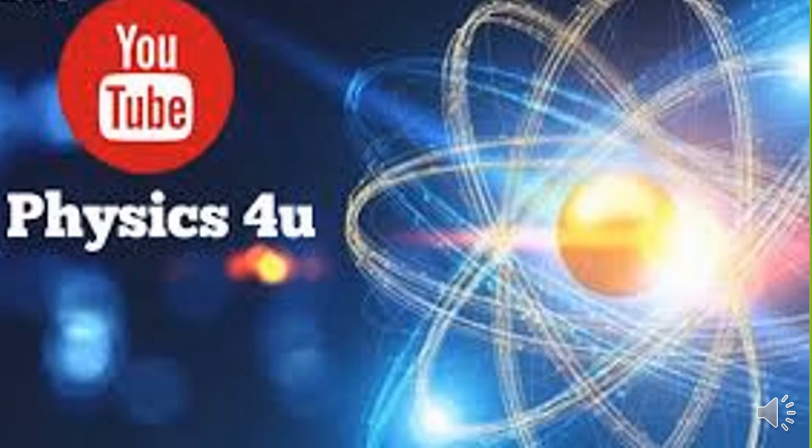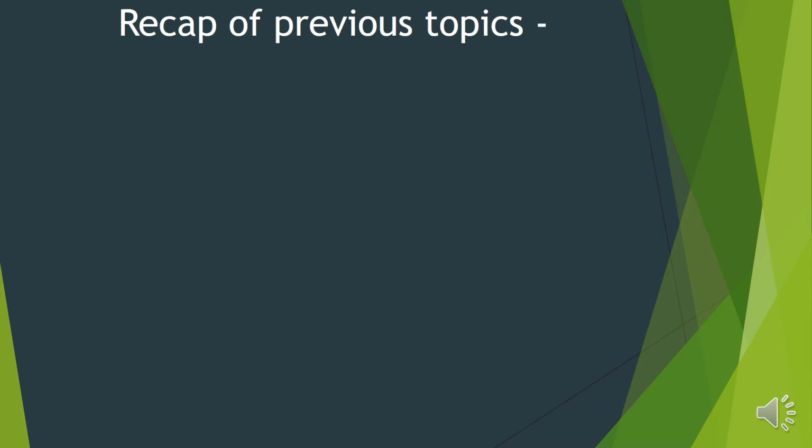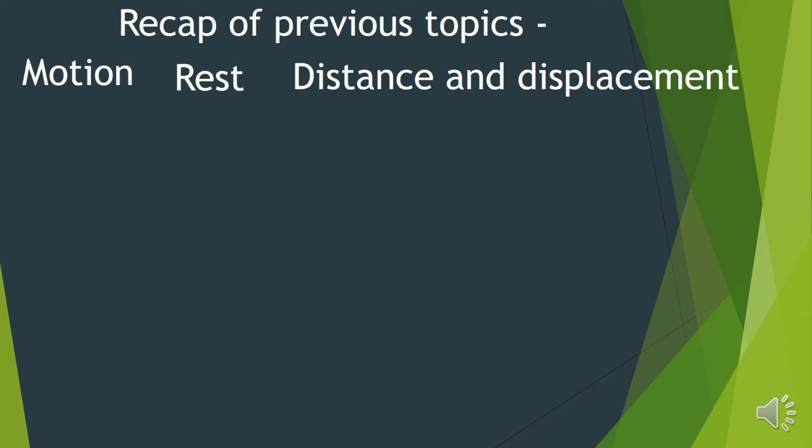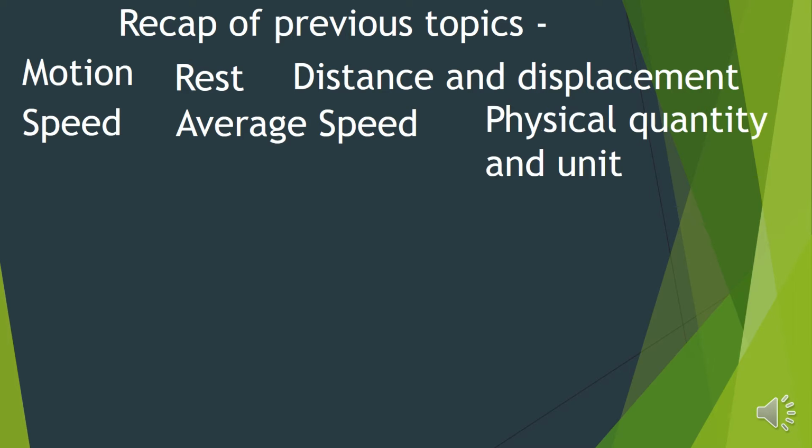So before we start, let us quickly recap what all we have done till now. We studied about motion, then we discussed rest, then distance, displacement along with the differences and a few NCERT problems. Then we discussed speed, average speed, physical quantity, and how to derive the unit of any physical quantity. We also solved the numericals from your NCERT book.